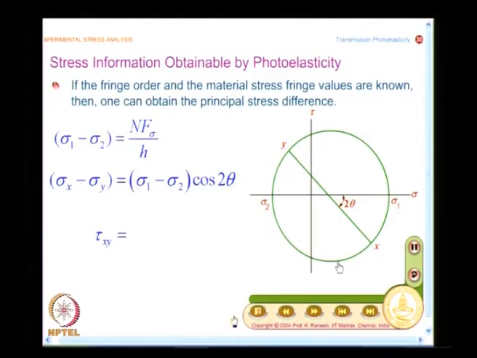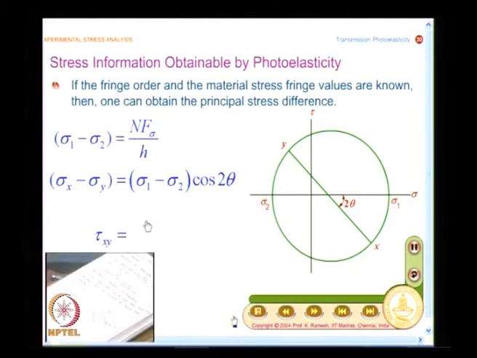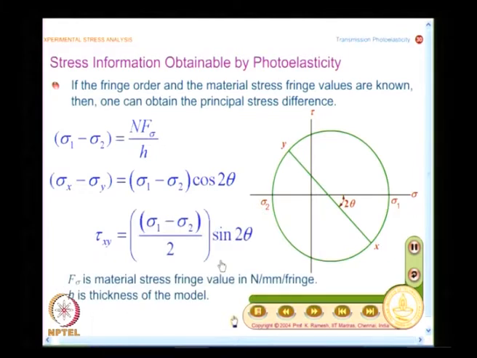So, on the Mohr circle, every point on the circle denotes a particular plane, and using this you can also find out the principal stress planes, the magnitude of sigma 1 and the magnitude of sigma 2, and simple geometry will help you find the difference in normal stresses and also the shear stress. What is the value of the shear stress? You all know it. It is simply sigma 1 minus sigma 2 divided by 2 into sin 2 theta.